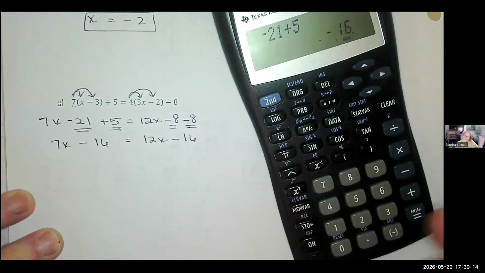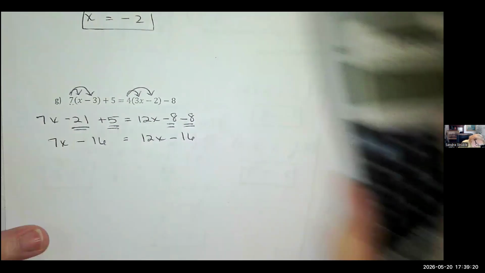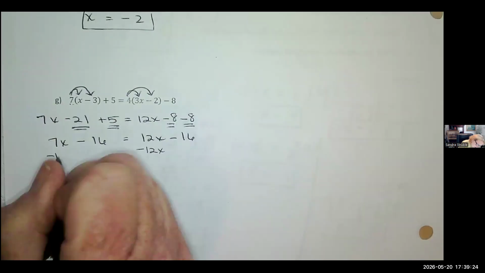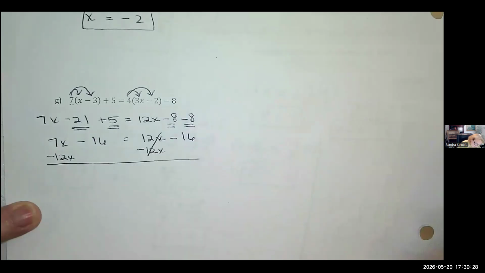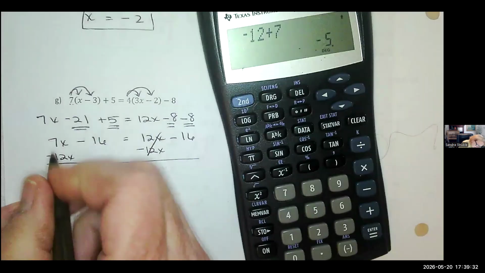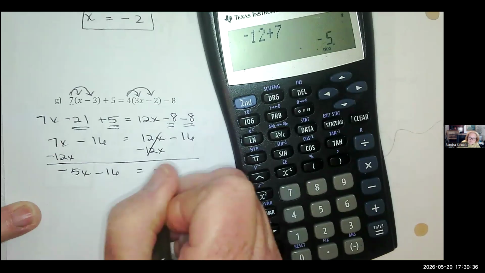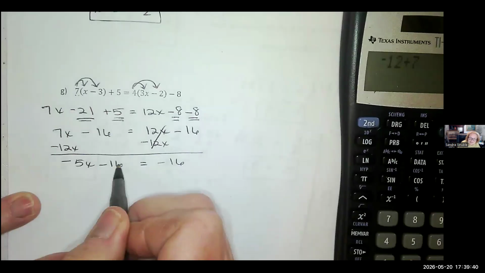Now I need to get my x's on one side, my constants on the other. So I'm going to subtract 12x from both sides. This will be gone. -12 plus 7 is -5x. Bring down your -16 equals -16. 16 is subtracted from this, so we need to add 16 to both sides.